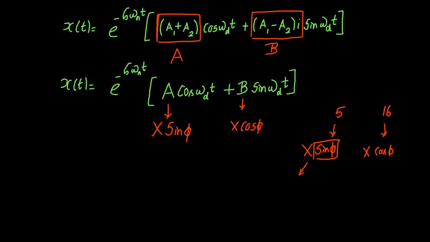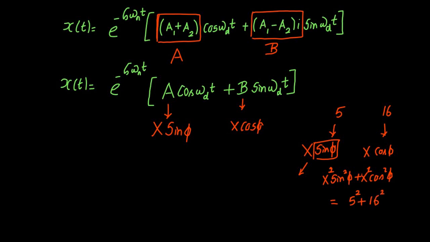You can easily find what is the value of x. If you just sum these two, you can say sum and square these two. Okay, square of the sums, x squared sine squared phi plus x squared cos squared phi is equal to 5 squared plus 16 squared. That's right. So it's going to be equal to 5 squared, because the sum of the first number squared plus the second number squared.